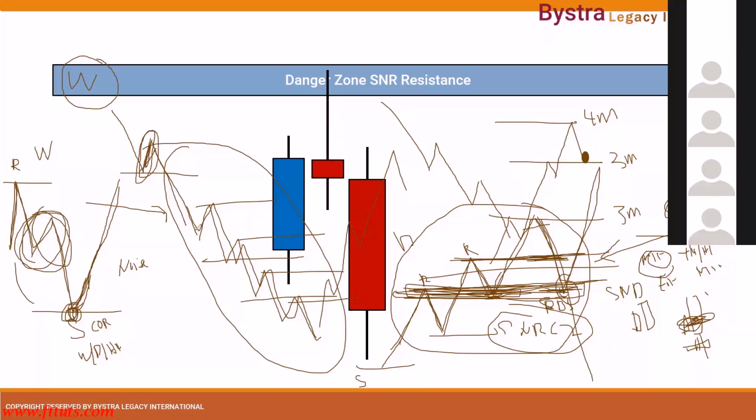At the daily, it has so much noise. When we look at the daily, we will think, oh, it's just a retracement, it will break. That's why we do not recommend using the daily time frame as our danger zone SNR.